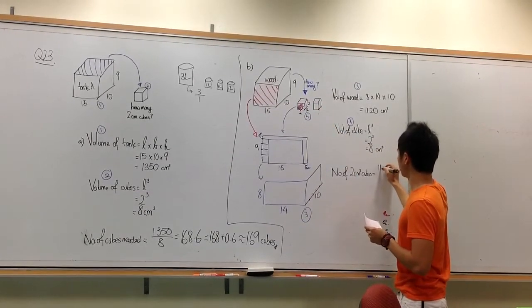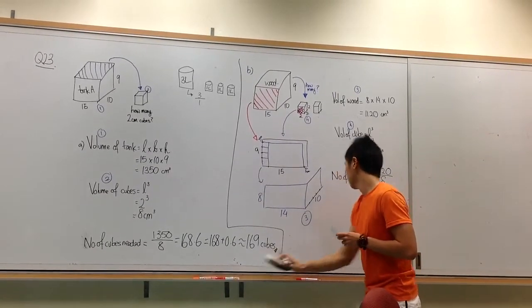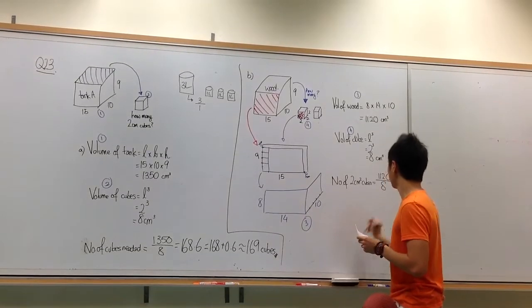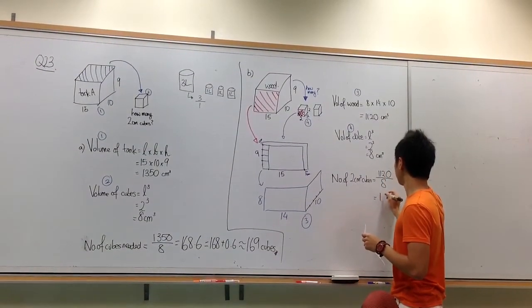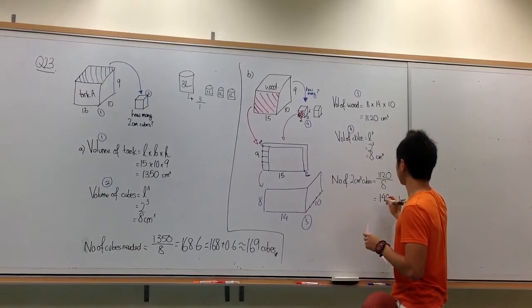Which will be 1120 divided by 8. This should give you 140 cubes. Exactly.